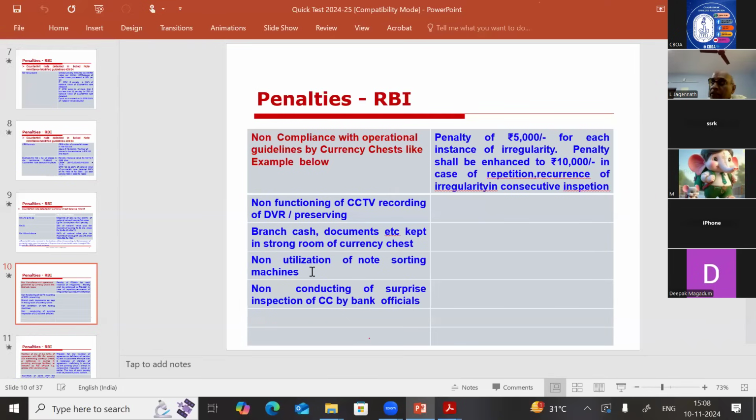Also non-utilization of the note sorting machine, and non-conducting of surprise inspection of the currency chest by bank officials. If RBI notices these things, the penalty is rupees 5,000 for each instance of irregularity. The penalty shall be enhanced to 10,000 in cases of repetition or recurrence of irregularity in consecutive inspections.